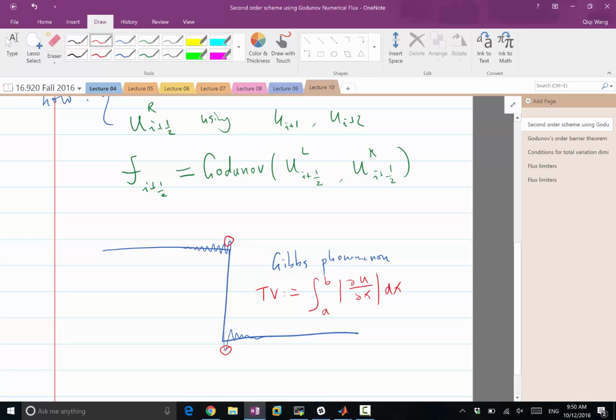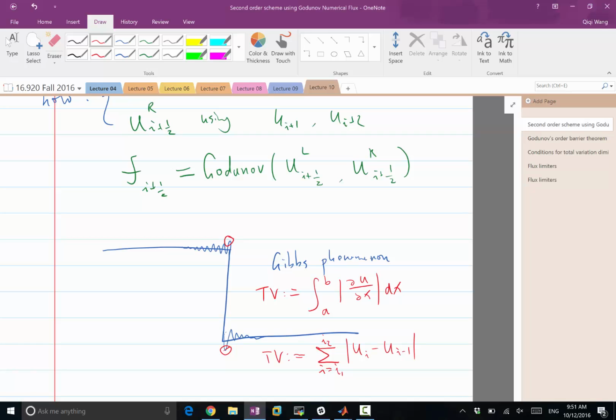And numerically, it is equal to the summation going from I1 to I2. This is summing over a range of grid points. And instead of the derivative, we have the absolute value of u of I minus u of I minus 1. So this is the discrete analog of the total variation.